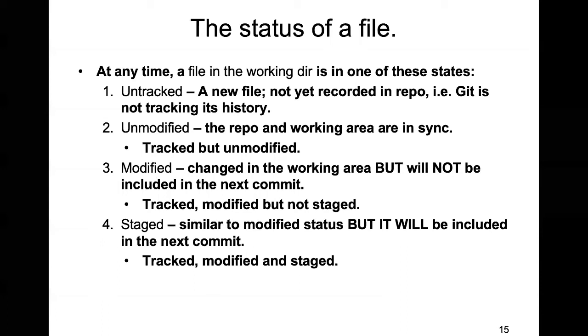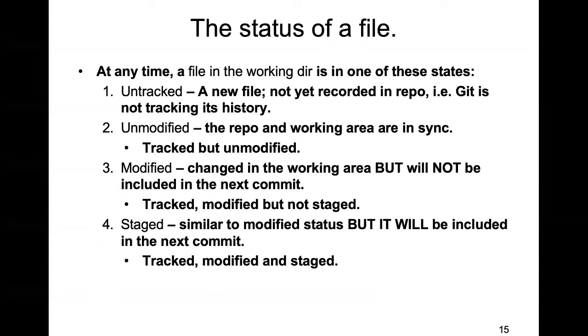The term we use for that type of file, in Git language, is we would say the file is untracked. Number two, supposing you have a file and you have committed it in an earlier commit to the repository, and you haven't made any changes to it since, then what Git would say is that that file is in an unmodified state.